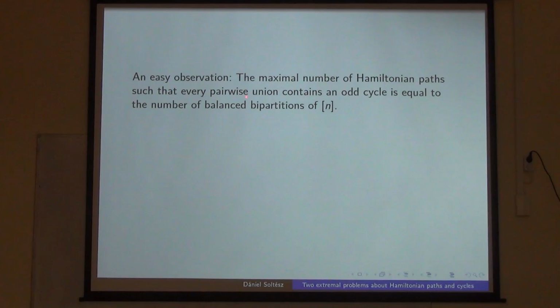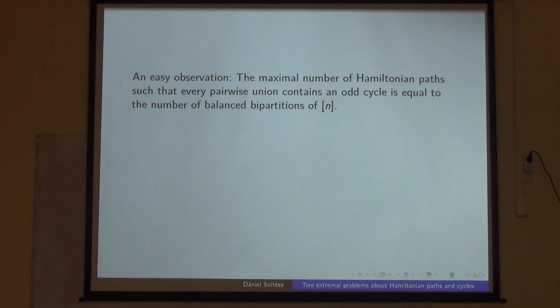We need many Hamiltonian paths, and in each union we need an odd cycle. Having an odd cycle means not being bipartite, right? A Hamiltonian path is a balanced bipartite graph. So if you have already chosen a Hamiltonian path, you cannot choose any more of them with the same balanced bipartition. So the number of balanced bipartitions is a natural upper bound.